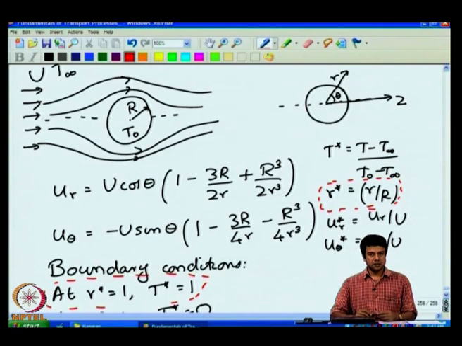But when the length scale is capital R, the Peclet number is large and diffusion is small compared to convection. Diffusion and convection can be of the same magnitude only if there is a smaller length scale, small compared to capital R, such that the temperature field varies only over that small length scale. In that case, the gradients of the temperature field are large and one could have a balance between convection and diffusion.